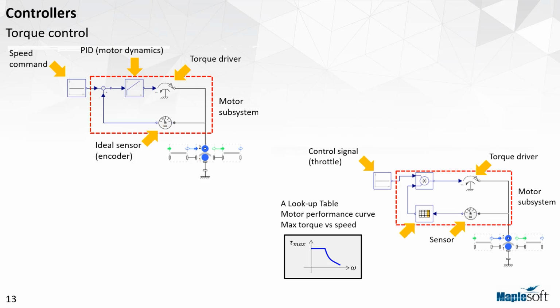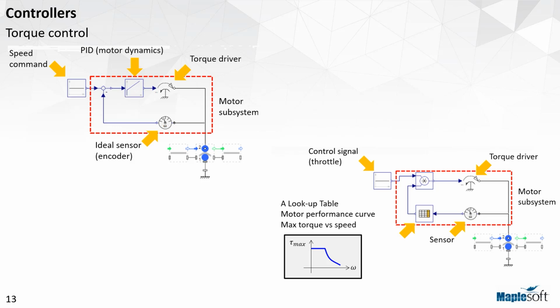But we are also using an ideal sensor, which might be an encoder in your system, measuring the angular velocity output of your nip roller, and that gets fed back into the feedback loop with the speed command and back through the loop that I just described.